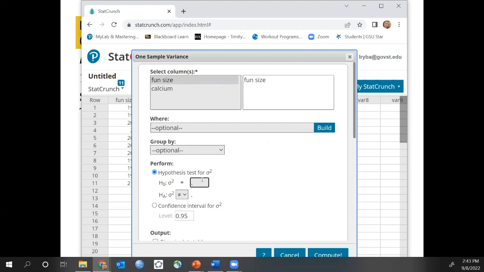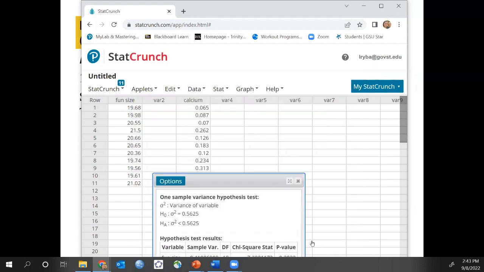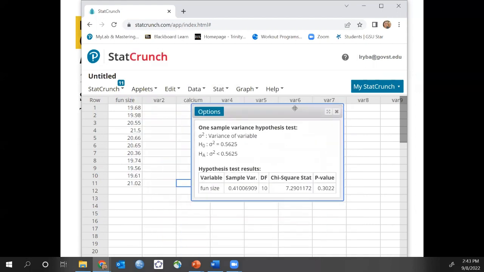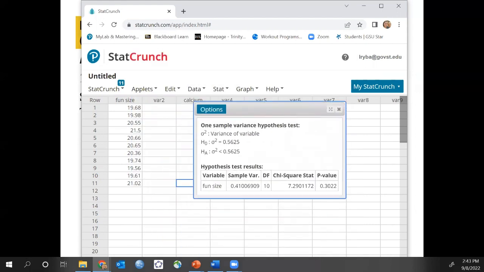So I need to make sure I square that value to know what I enter here, which is 0.5625. Oops, I got an extra decimal in there. And then we are testing less than. These results were on the slide. I just wanted to make sure you saw how I did it.